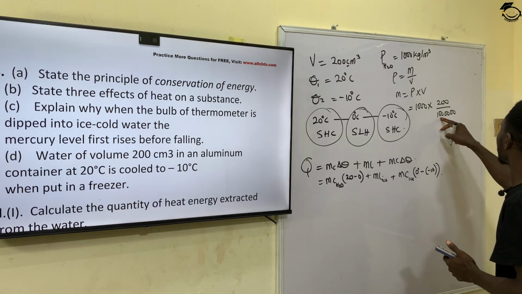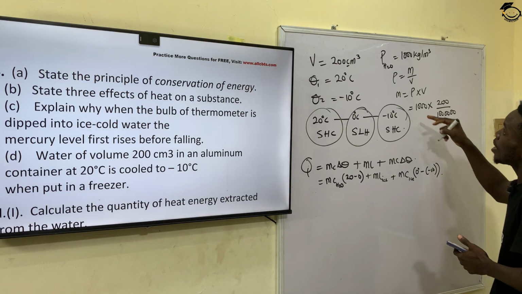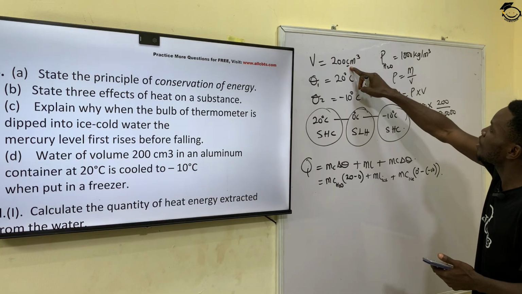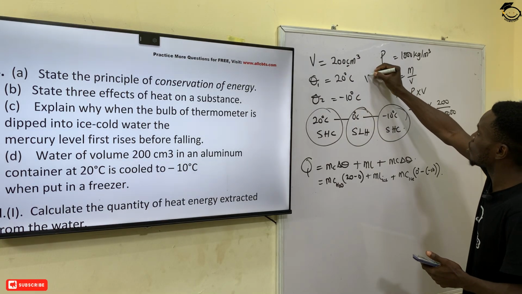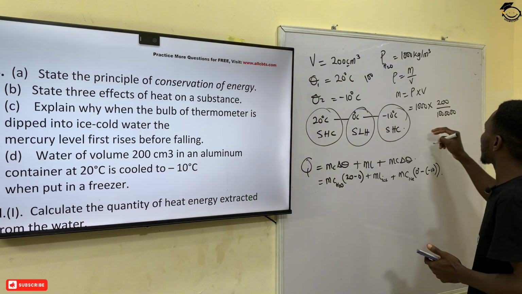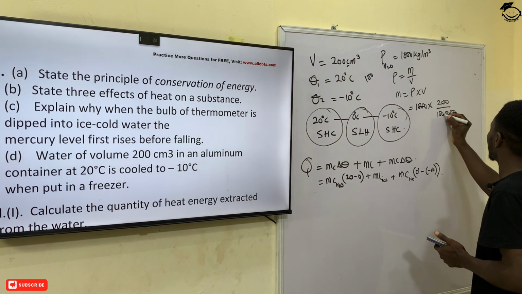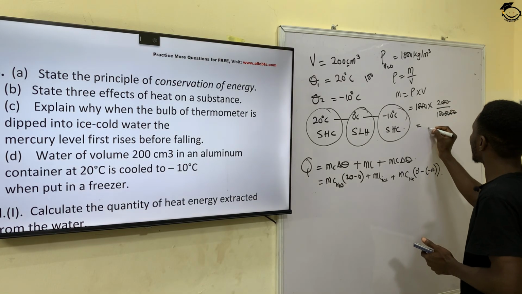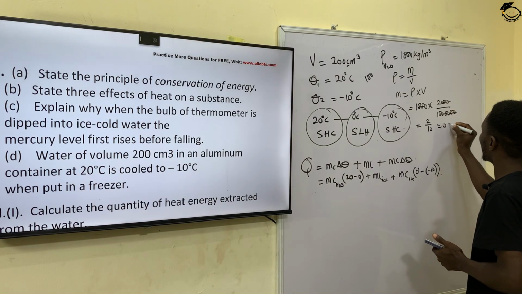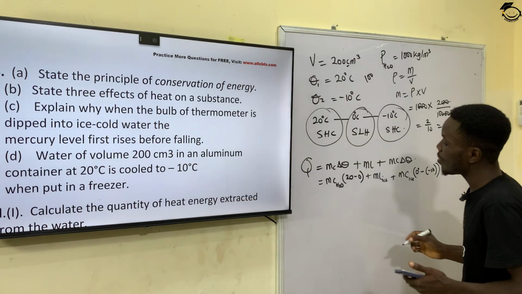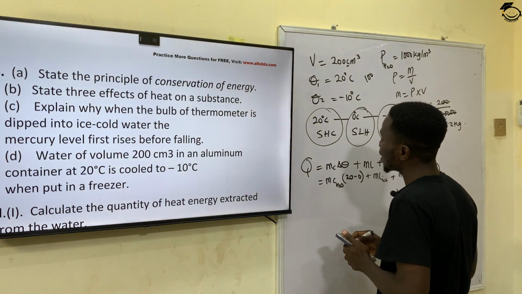And how do I get this value 1 million under? Because I have centi, and if I raise centi, which is times 100, to power 3, I'll be having 1 million. So if 3 zeros cancel 3 zeros, 2 zeros cancel 2 zeros, I'll be left with 2 over 10, which will be 0.2 kilogram. So it means I have 0.2 kilogram as the mass of the water.